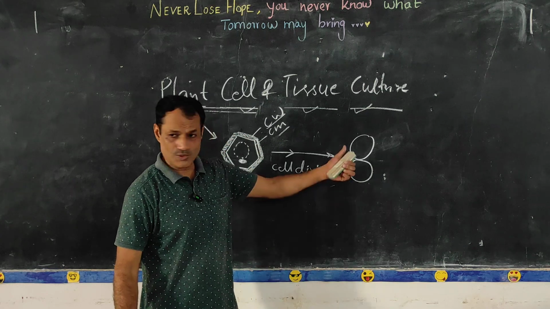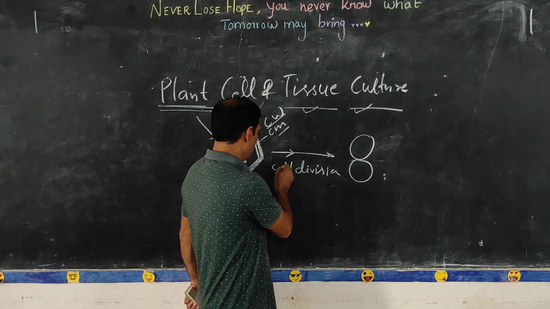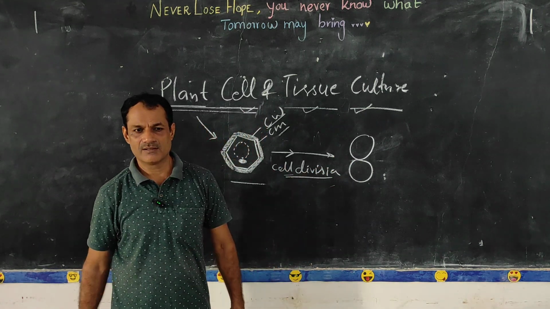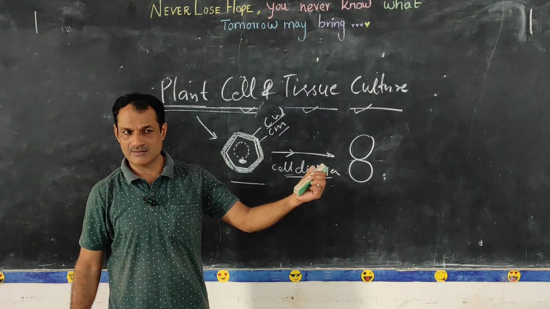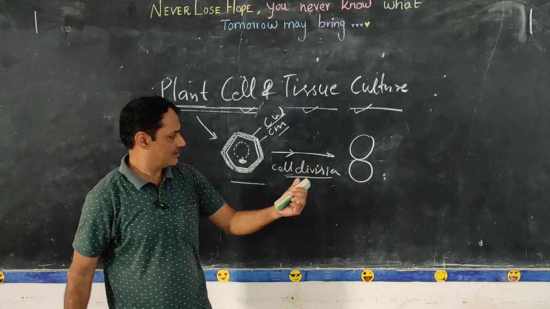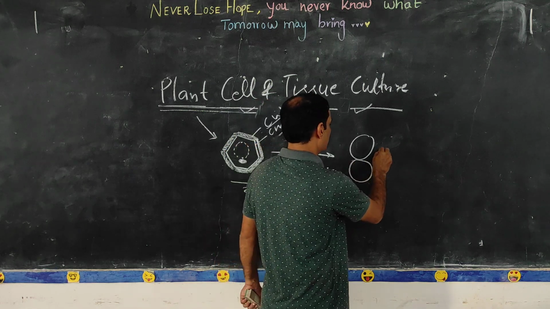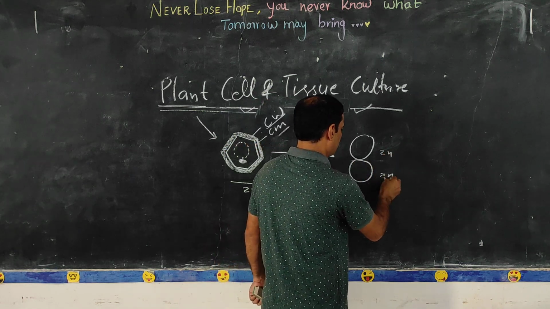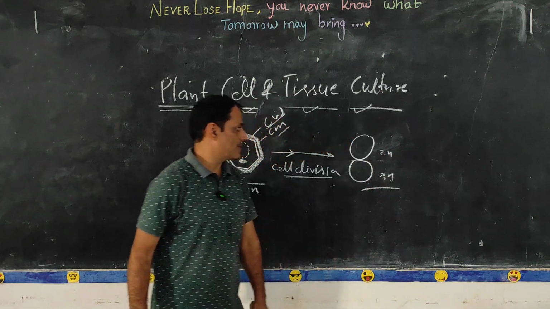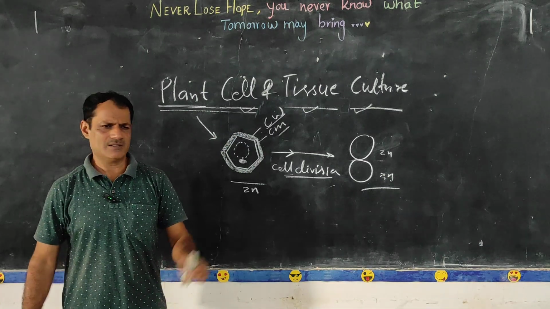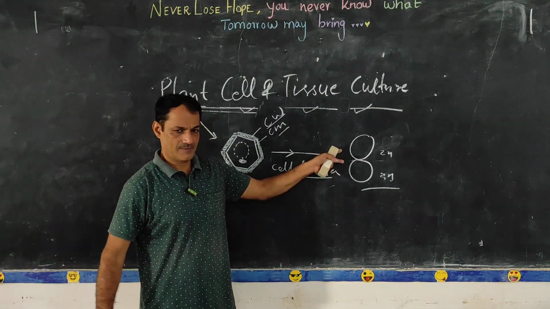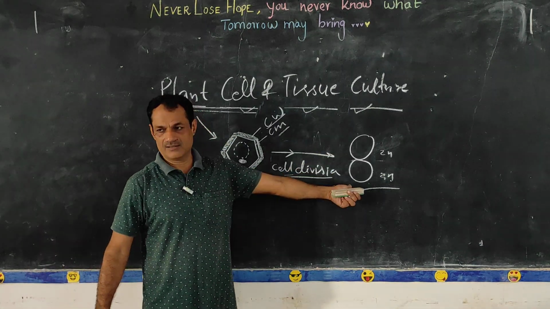That is called cell division, and generally that is mitosis. So, one cell that is 2n can produce 2n plus 2n, two cells, similar, just like the mother cell. Daughter cells will be there, with no difference between this cell and that cell.